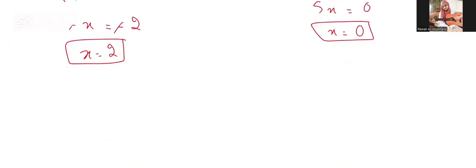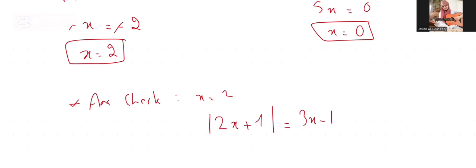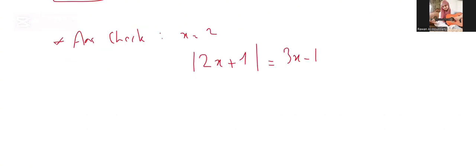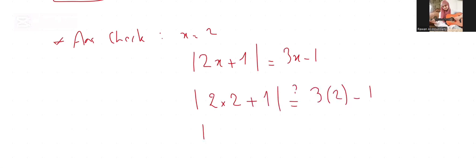Now let's do an answer check for each one. First for x equal to 2. So the original equation is absolute value of 2x plus 1 equal to 3x minus 1. We have to replace x by 2. So we have 2 times 2, because 2x is multiplied, plus 1. We have to check if it's equal to 3 multiplied by 2 minus 1.